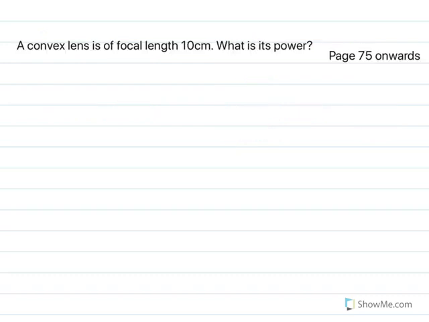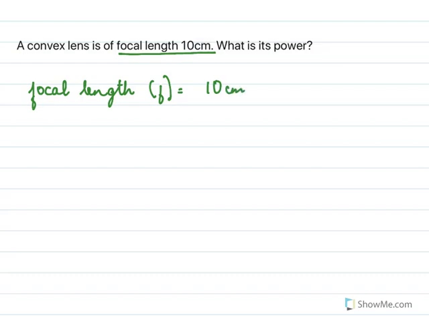A convex lens has focal length 10 centimeters. So focal length, that is F, equal to 10 centimeters. What is its power? So you know the formula for power, equal to 1 by F, but the F should be always in meters. So this I've got to convert into meters. 10 centimeters to convert into meters, over 100 meter.